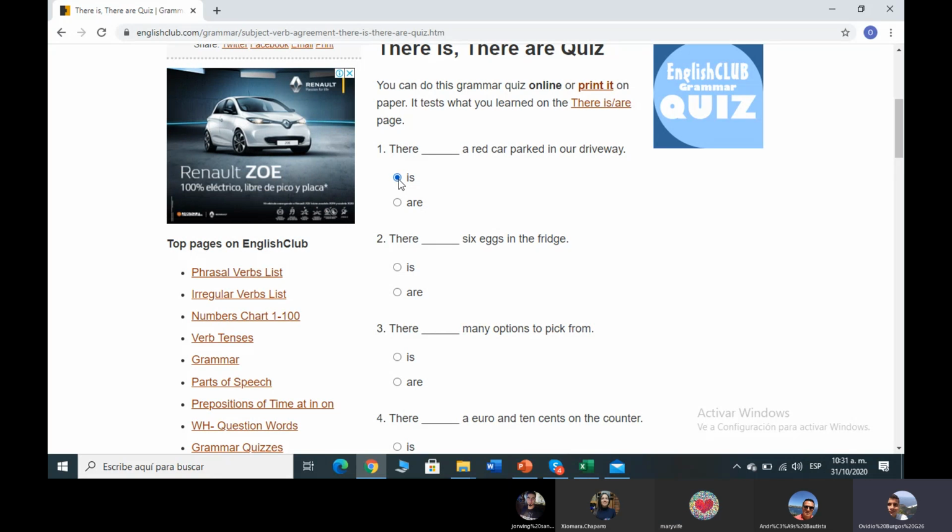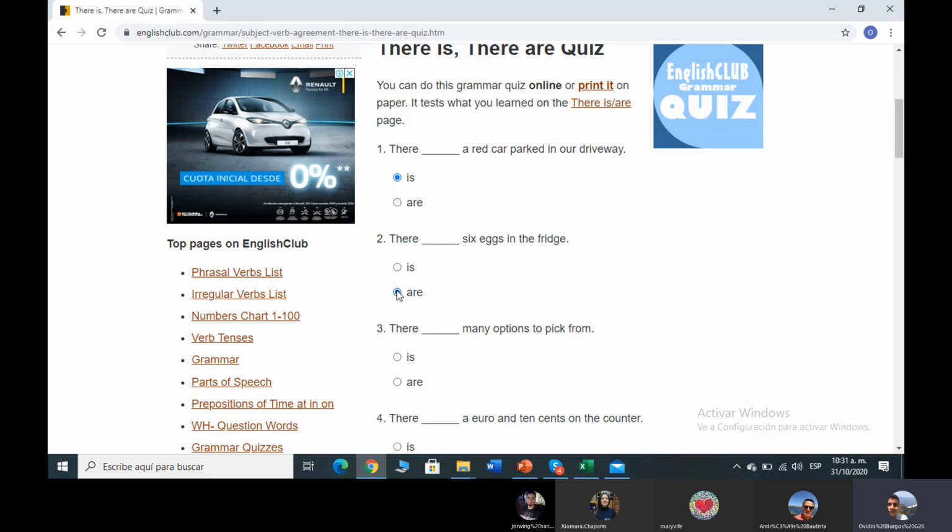Okay, very good. The number 2 for Xiomara. Read and tell us what you think is the correct. And there are 6 eggs in the fridge. Okay, very good. There are 6 eggs in the fridge.